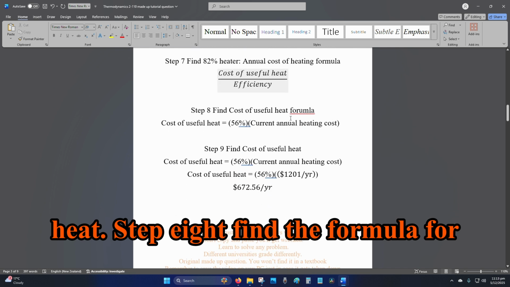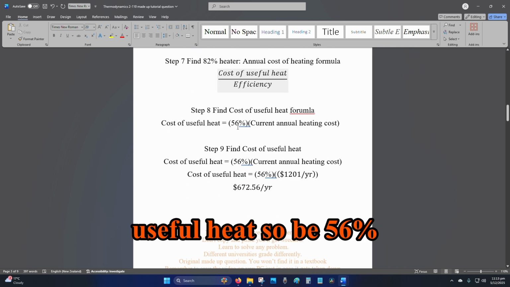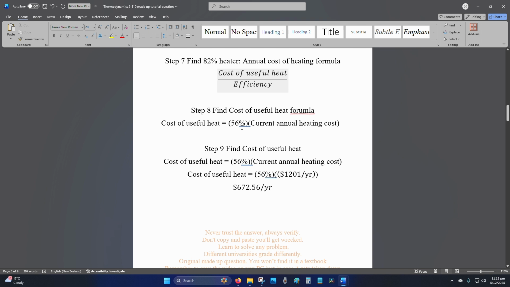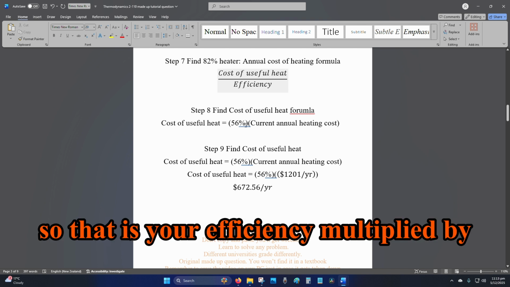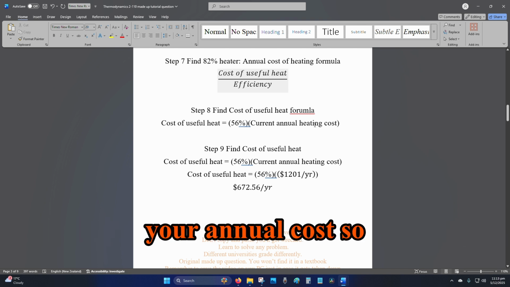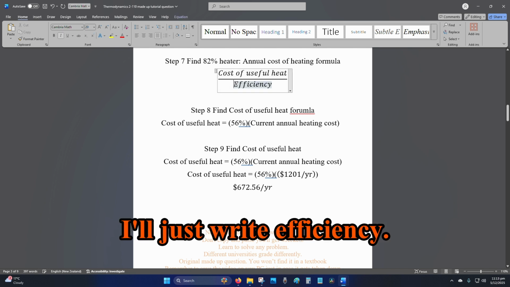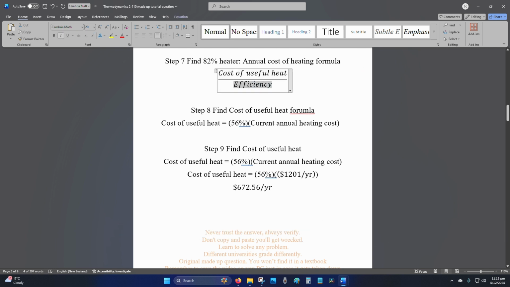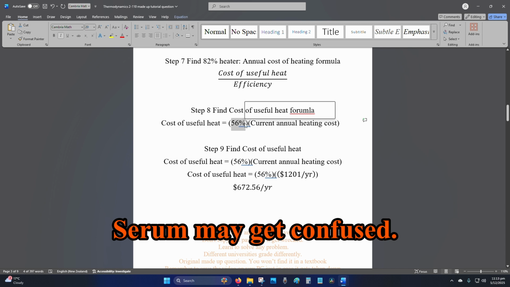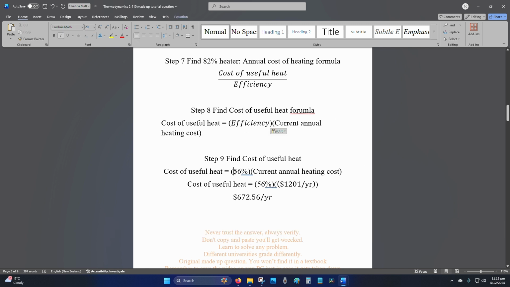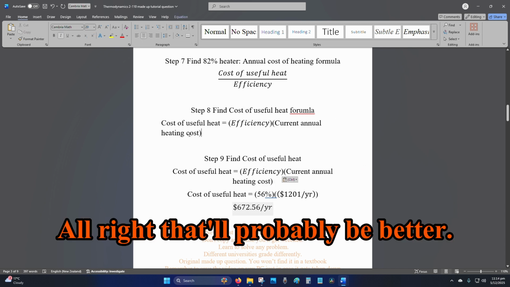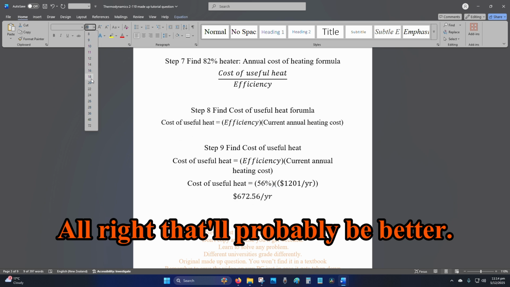Step 8, find the formula for useful heat. So it'll be 56%. So that is your efficiency multiplied by your annual cost. So I'll just write efficiency. Students may get confused. Alright, that'll probably be better.